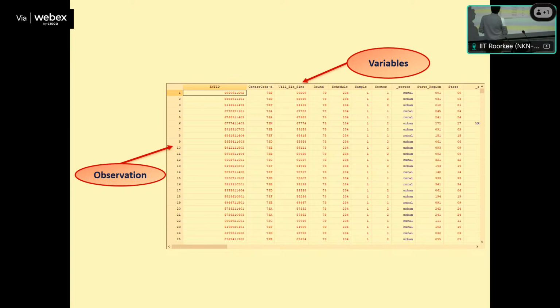So usually in all our data sets we have observations on this side and variables on the vertical axis. All the variables are here and these are the observations.